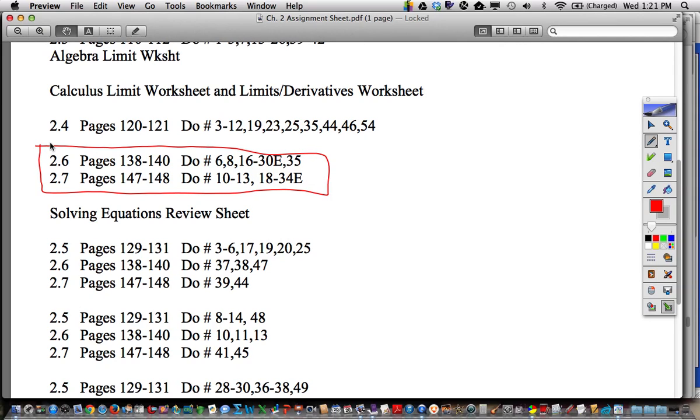That section right there, 2.6, 2.7, the one right above the solving equations review sheet. A little out of order there.